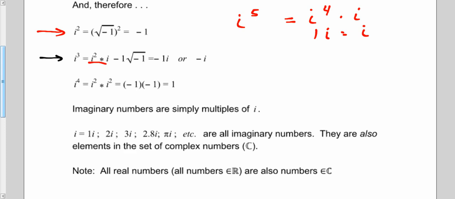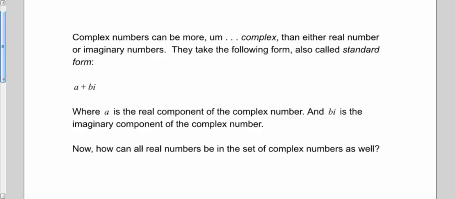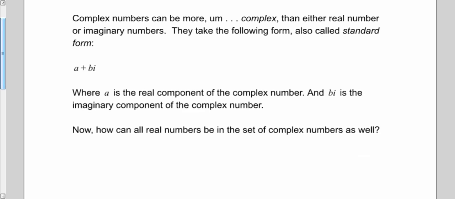Now, complex numbers take the form, as we learned, a plus bi, where a is the real component of the complex number, and bi is the imaginary component of the complex number. Now, if we go back to that previous page, where it said all real numbers are also in the complex numbers, how can that be?